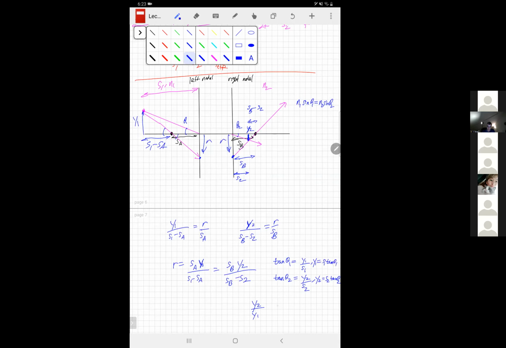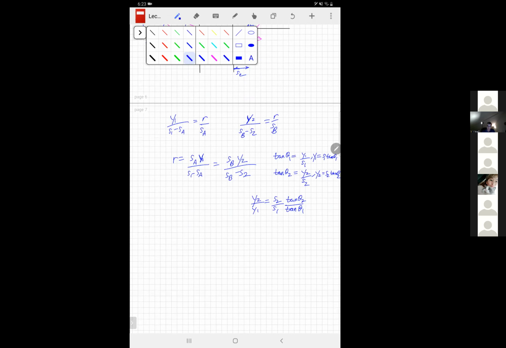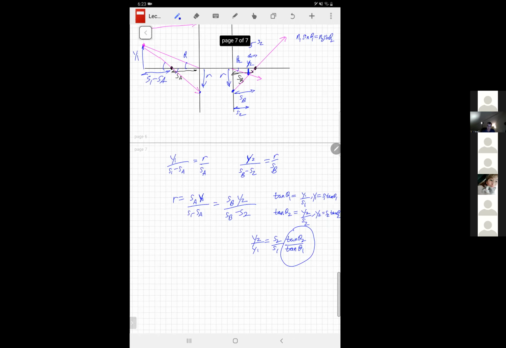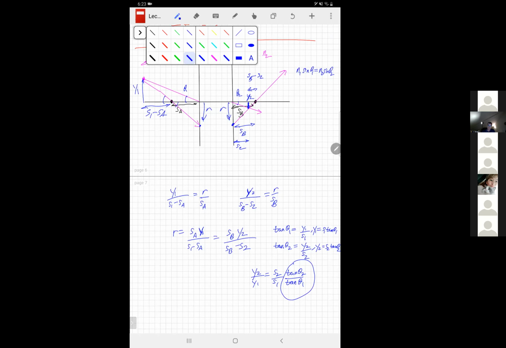So y2 over y1 would be S2 over S1 times tan theta 2 over tan theta 1. Okay, but we've still got this ratio of trig functions of angles. How could we get rid of that?